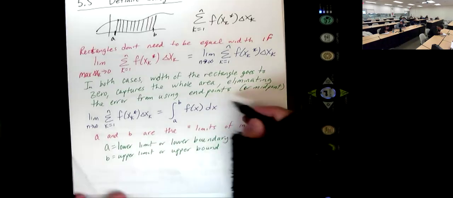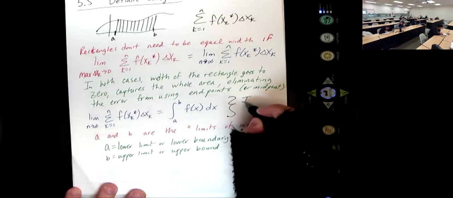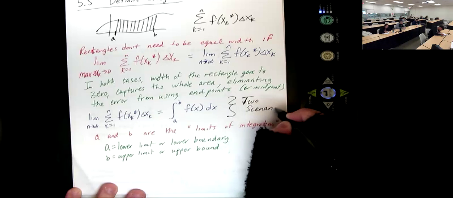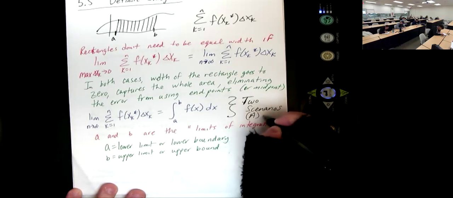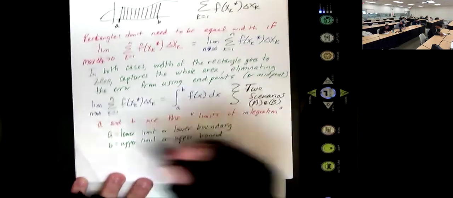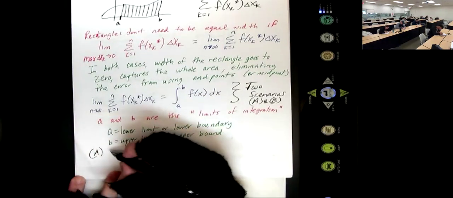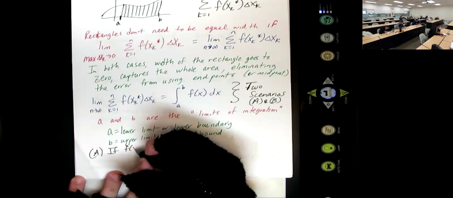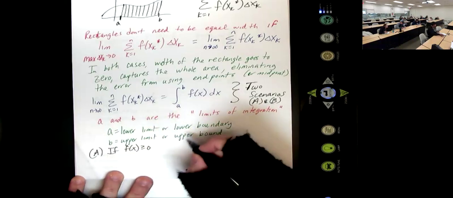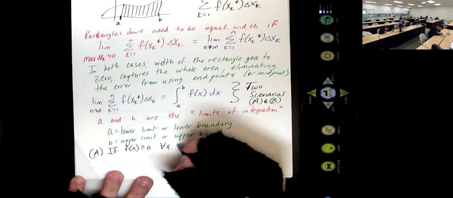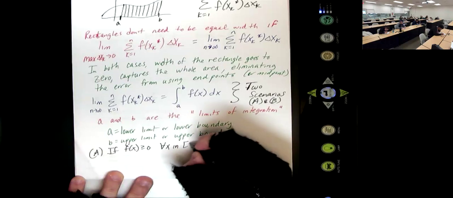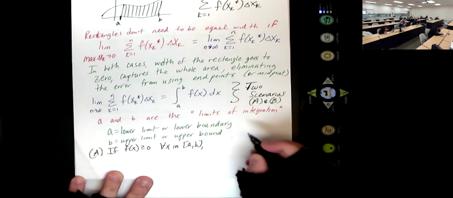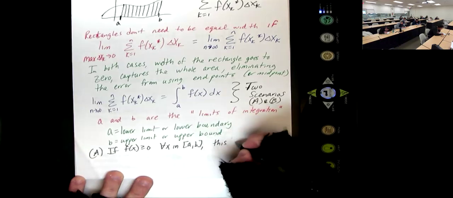And there's two scenarios for this. A: if f of x is greater than or equal to 0 for all x in AB, this represents area.